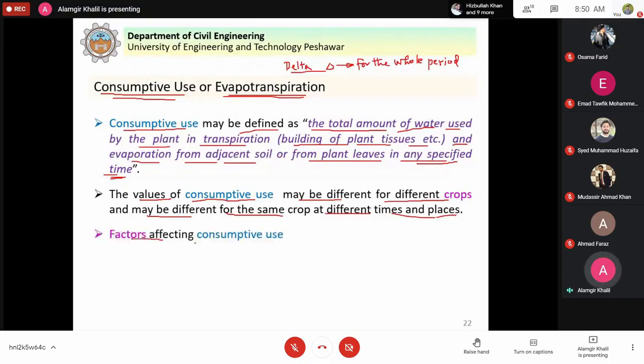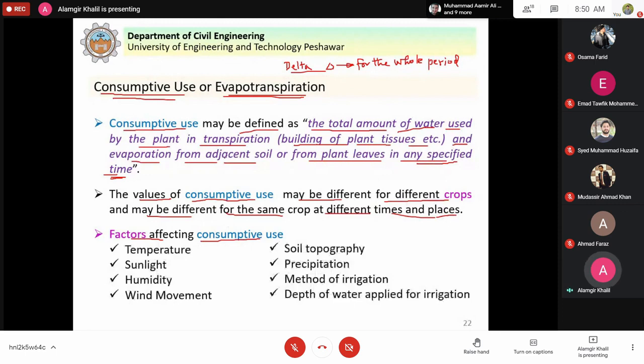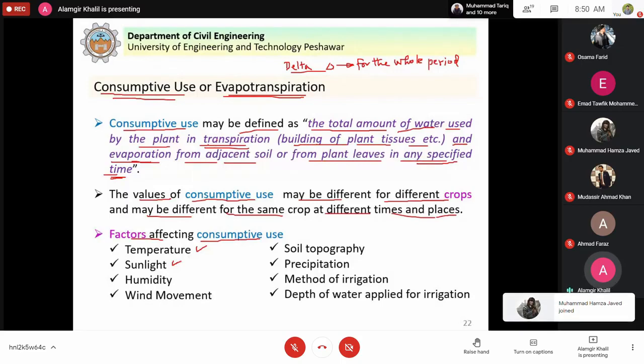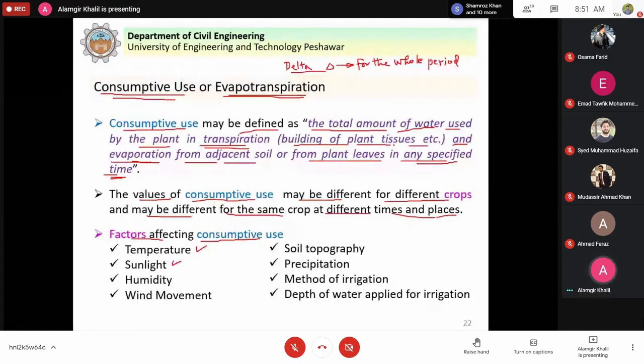So factors affecting consumptive use: the different factors that affect the consumptive use are the same factors on which the transpiration and the evaporation depend. For example, we have temperature. If temperature is more, evaporation and transpiration will be more. Consequently, consumptive use will be more. Sunlight, for example: plants require it for building of the tissues, the photosynthesis process. So if sunlight is available, plant transpiration will be more.